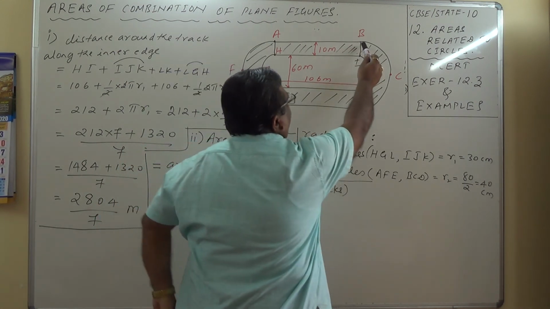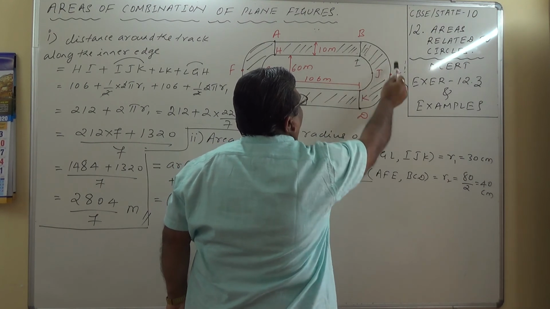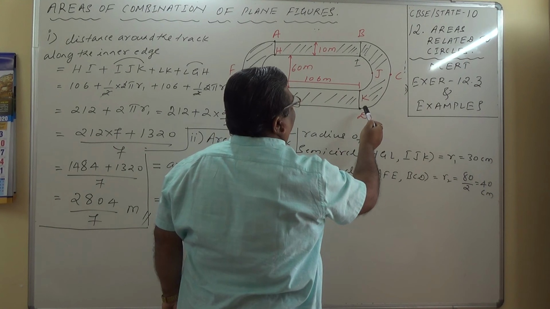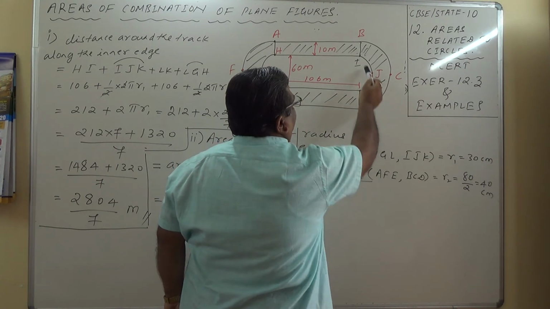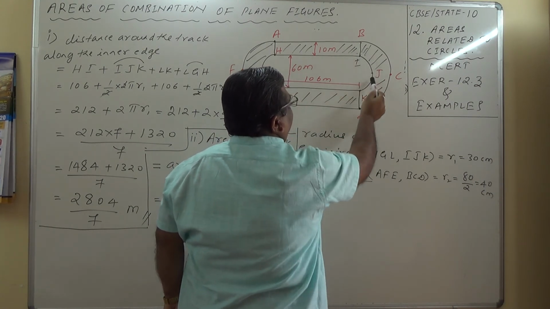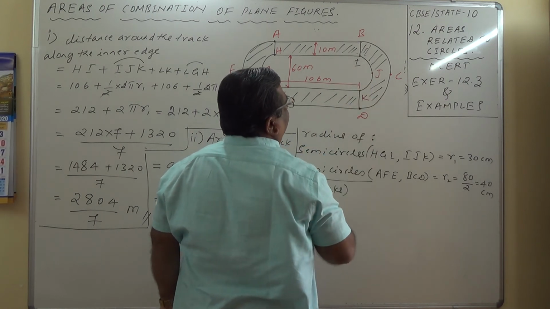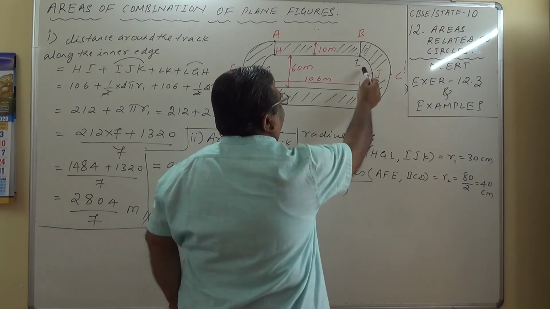So area BCD, which is a semicircle, is equal to half of pi r2 square, and area IJK, this semicircular area, is given by half of pi r1 square.